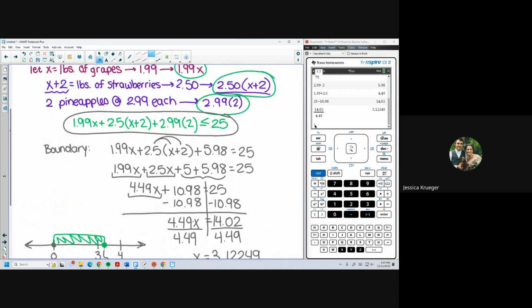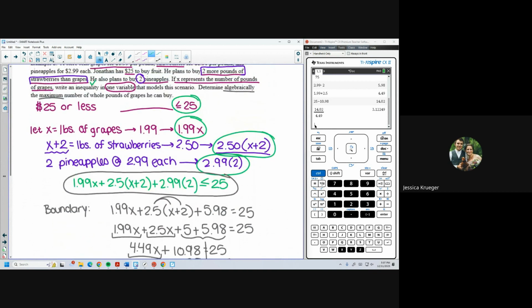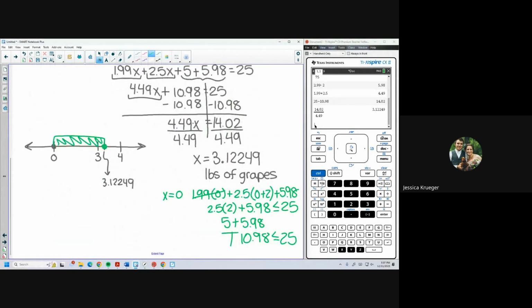Now, I've got to go back up and read the question. Determine the maximum number of whole pounds. So if I look at my solution, what's the maximum, the largest number of whole pounds he can buy? That would be 3.